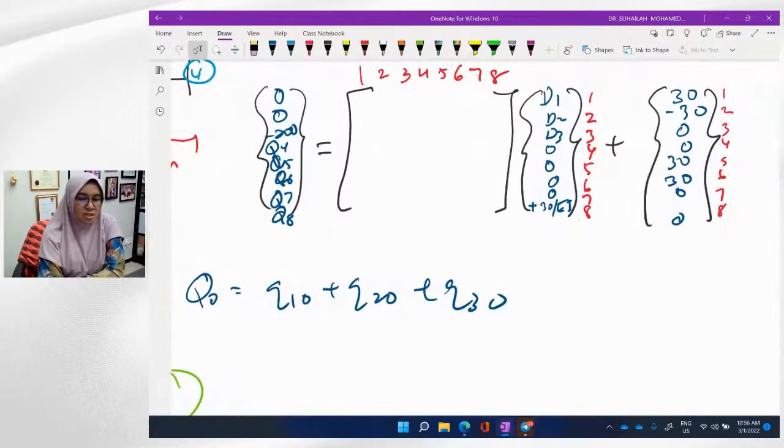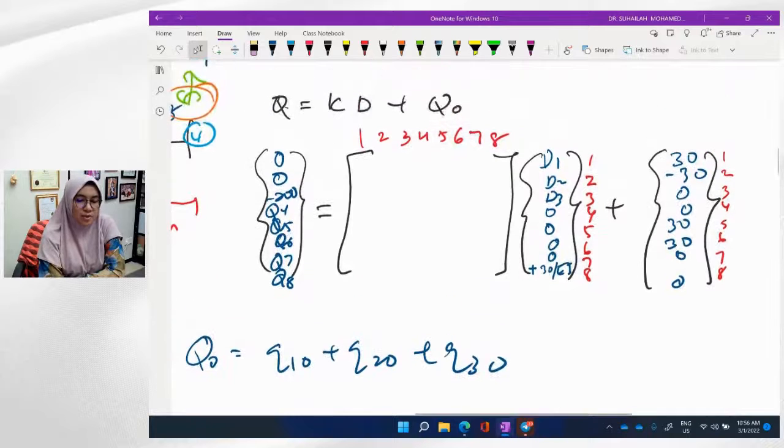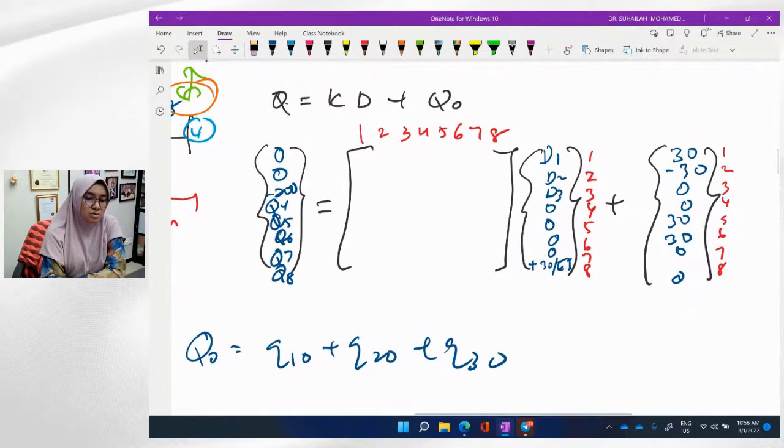So this is actually the stiffness equation. I have actually discussed how we analyze the stiffness equation whenever there is a support settlement.